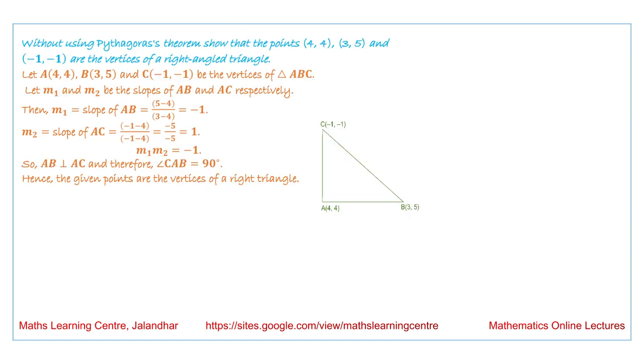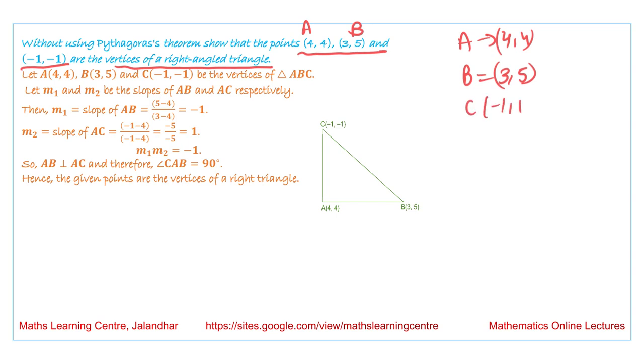Next is, without using Pythagoras theorem, show that these 3 points, when joined, are the vertices of a right angled triangle. If we name these points, say A is (4, 4), B is (3, 5) and C is (-1, -1). If we calculate the slope of line AB, we are talking about these 2 points.